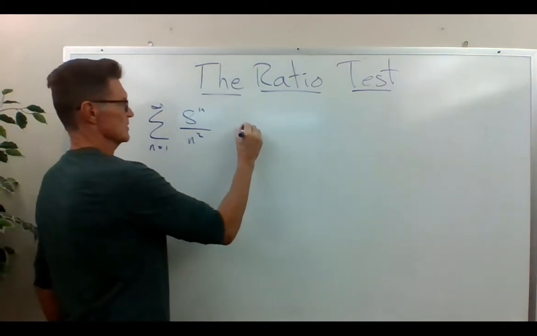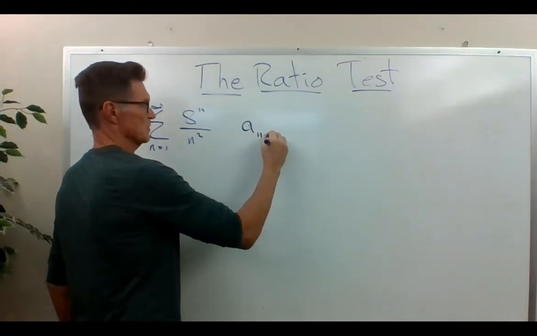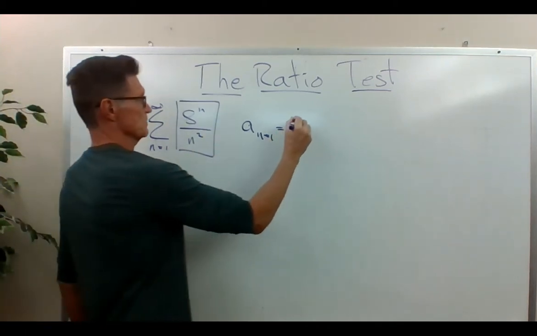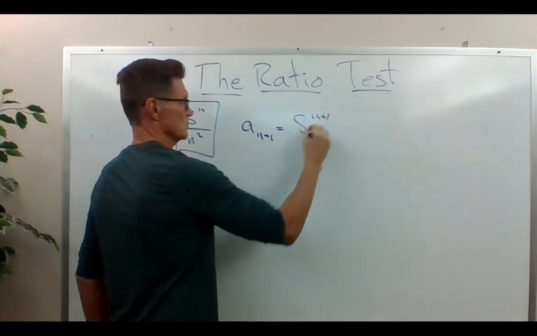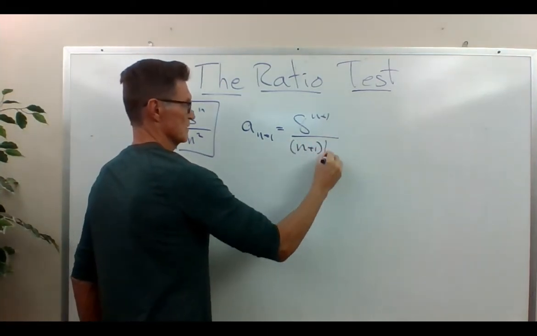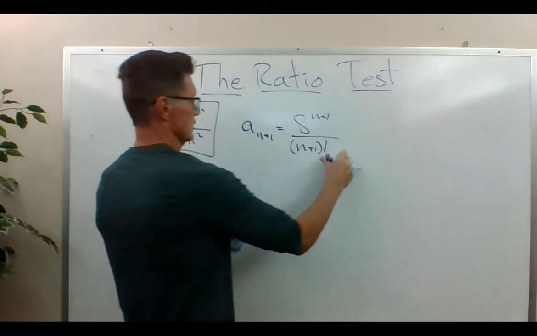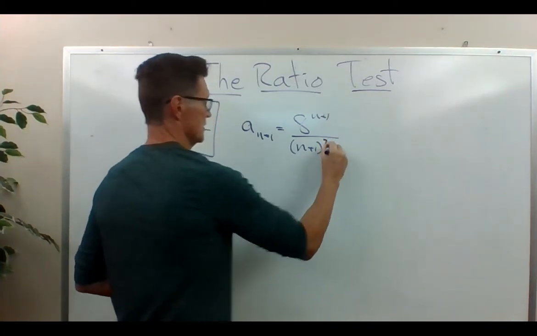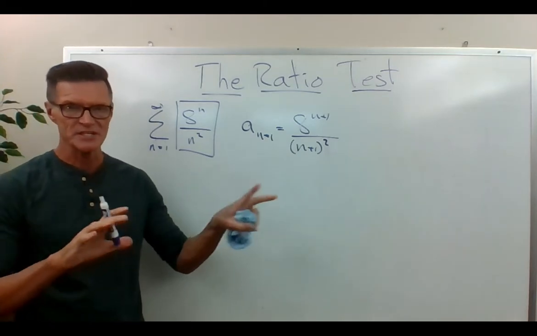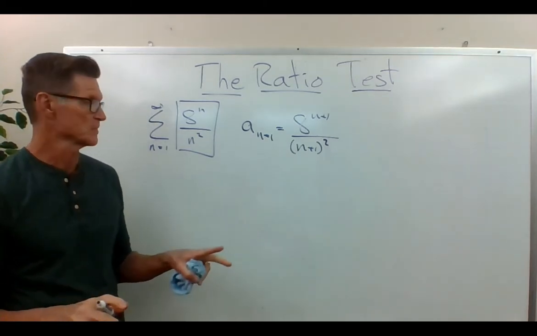So first of all, let's figure out what a sub n plus 1 is, because this would be a sub n. So that's simply going to be 8 to the n plus 1 over n plus 1 squared. So I'm just adding 1 to every term that has an n in it.